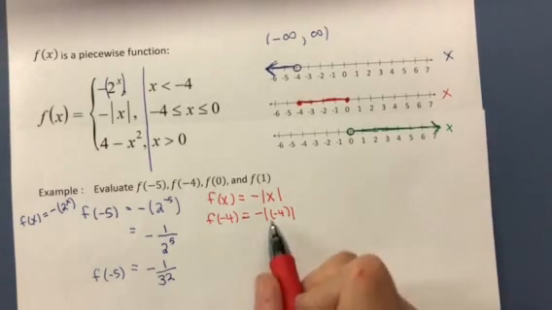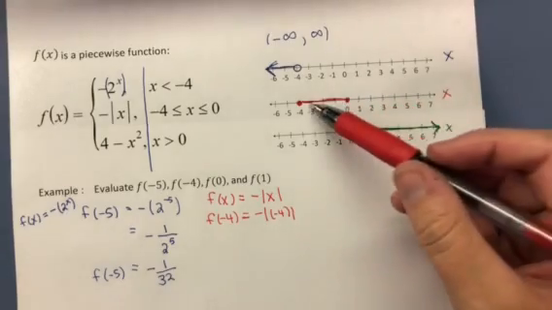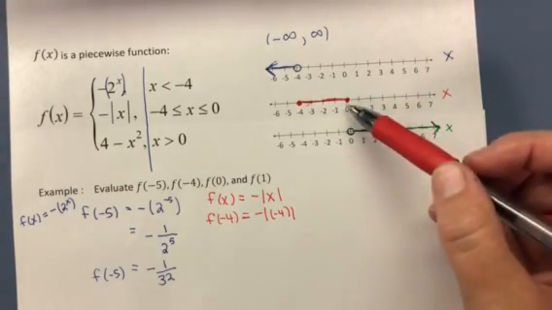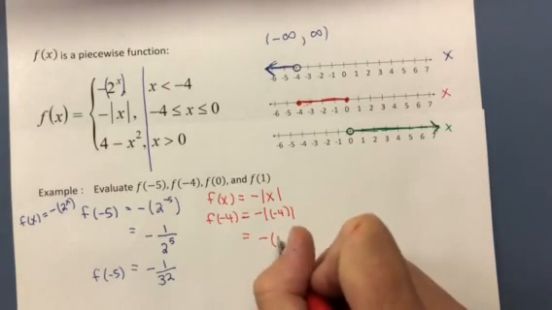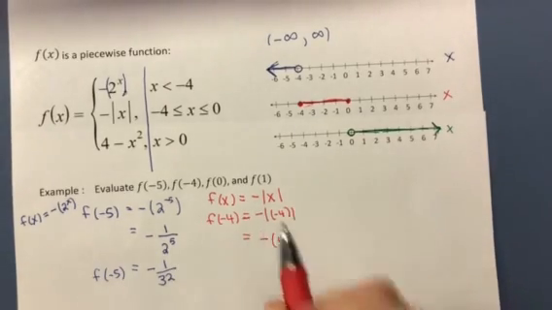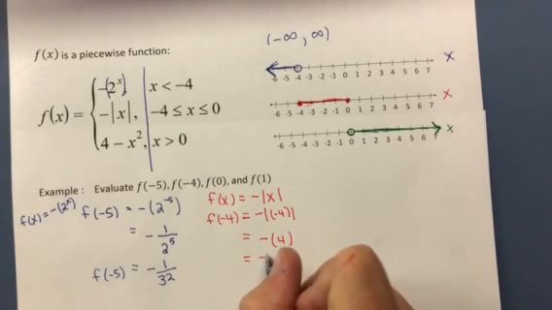So the absolute value of negative 4, remember that's just a number's distance from 0 on the number line. Since I'm 4 units from 0, the absolute value of negative 4 is just 4, but I still have that negative outside of the absolute value expression. So that becomes negative 4.